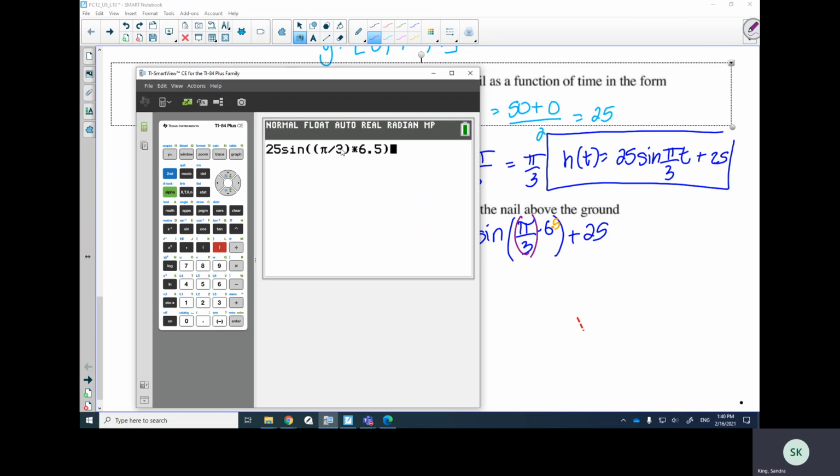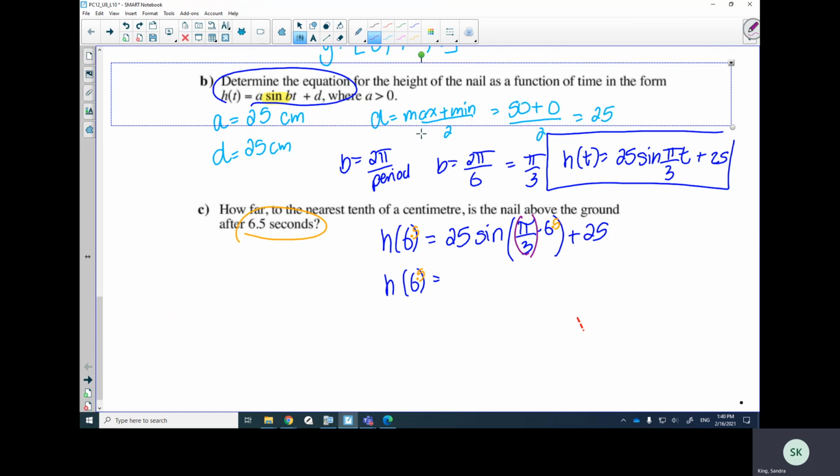So there's my pi over 3 in a bracket times 6.5, and I've closed that first bracket that was initially opened, plus 25. At 6.5 seconds, the height of the nail is 37.5 centimeters. And you'd be done that question.